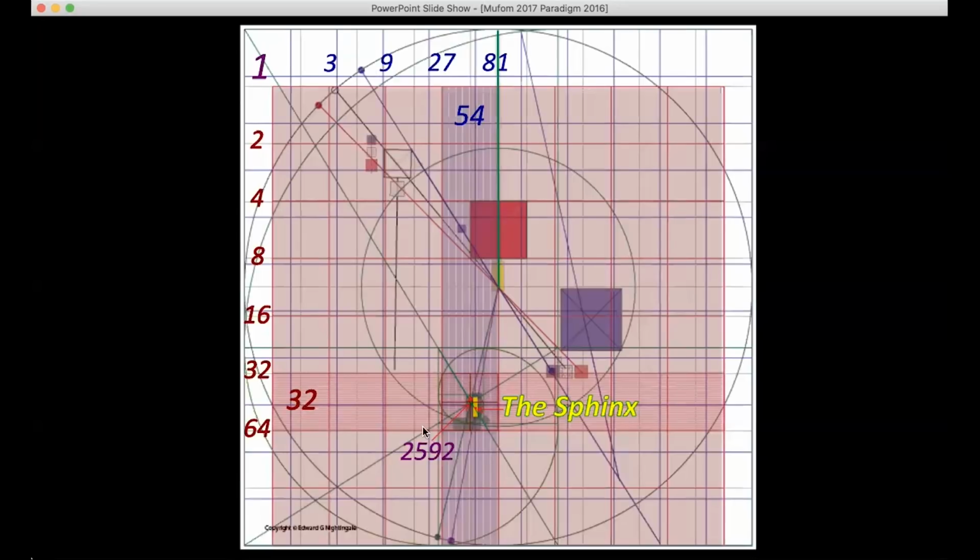And if you do the multiplication here, let's see, 54 multiplied by 32 is 2,592. Well, hang on a second. I'm getting 1,728 for 54 times 32. Oh, wait a minute.